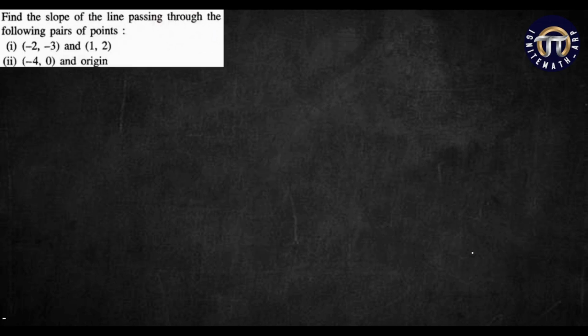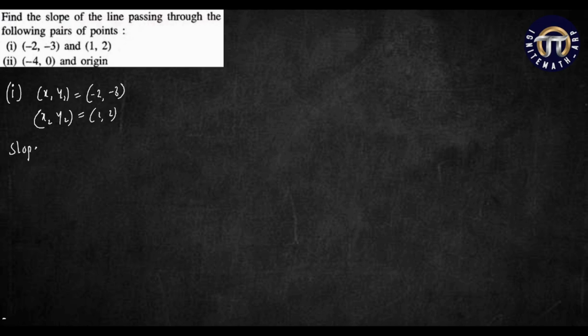Clear, children? So now find the slope of a line passing through the following pair of points. To find out the slope, I must know the angle of inclination, or I must know the coordinates of 2 points which lie on the given line. So over here, x1, y1, I will take as -2, -3, and x2, y2 can be taken as 1, 2.